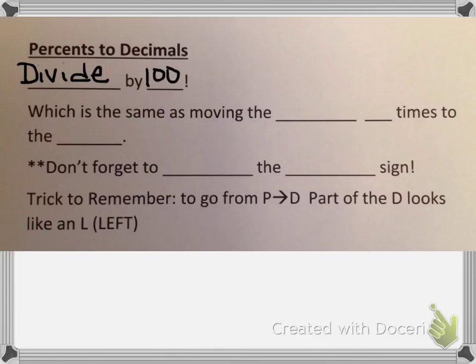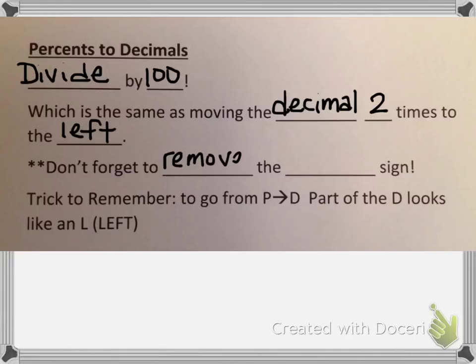So that is the same as moving the decimal 2 times to the left, remember this has to be the opposite. Dividing by 100, we're going to be getting a smaller number. And don't forget to remove the percent sign.